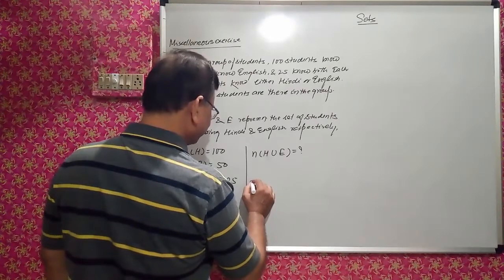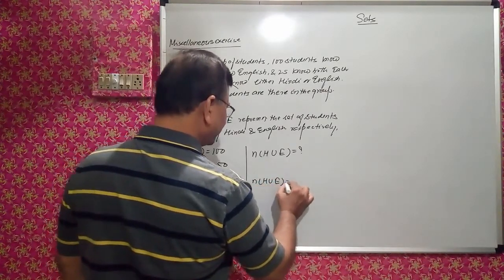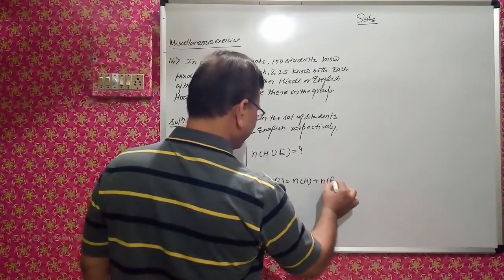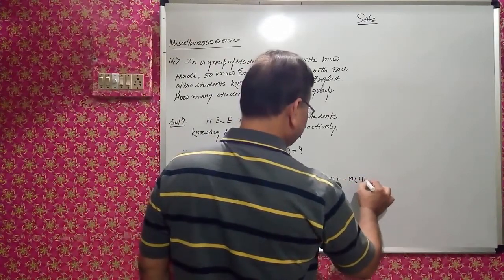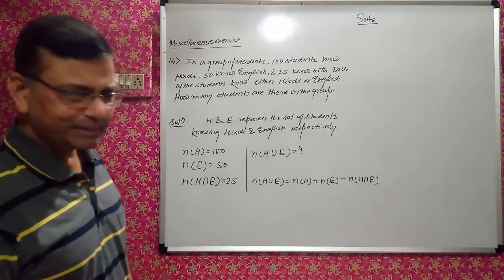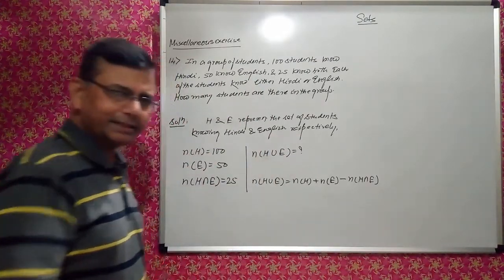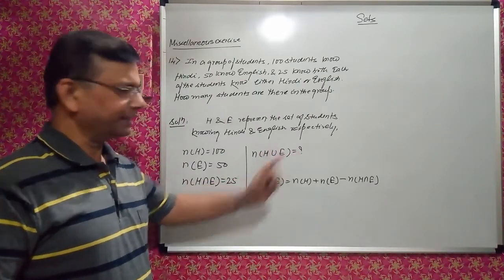We know one thing, that N(H union E) is equal to N(H) plus N(E) minus N(H intersection E). This is the formula I have derived. We have established this formula. So simply all these values are given, we can put them in this and find the value of N(H union E).